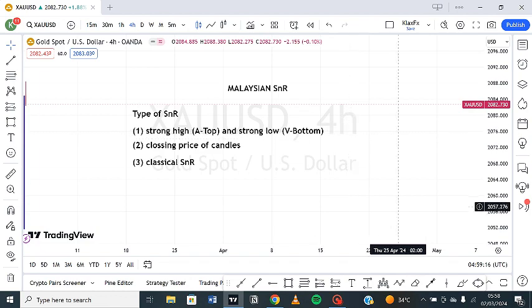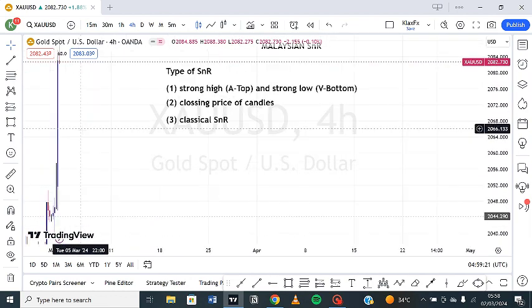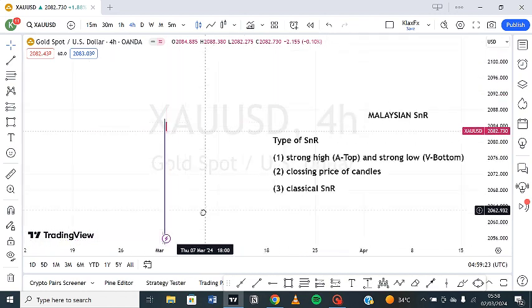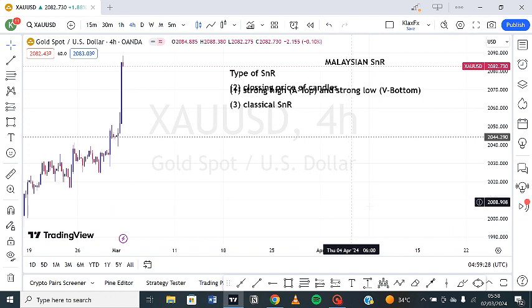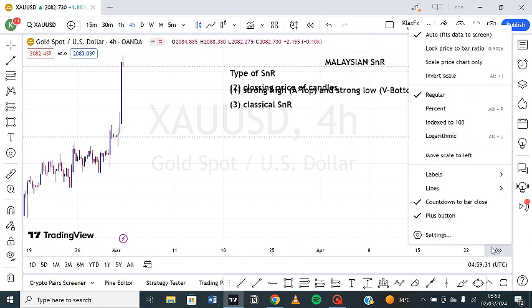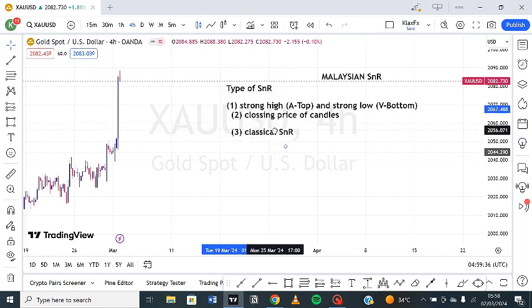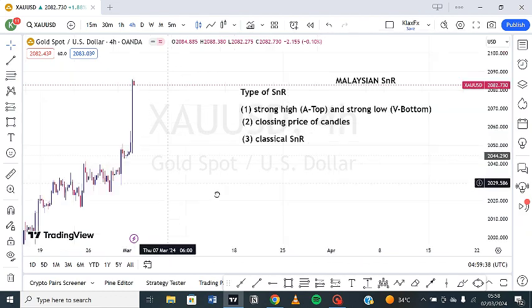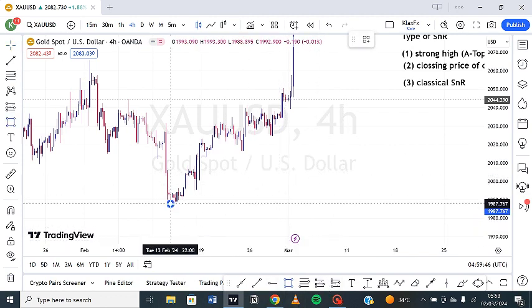The directional way we mark our support and resistance is, maybe if you go to the chart now. Let's say we want to mark support and resistance here in the chart, you can decide to mark it like this.